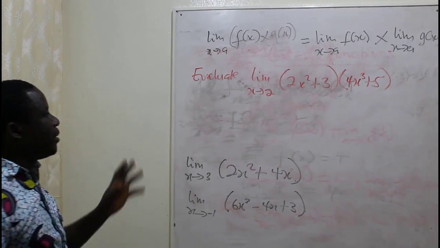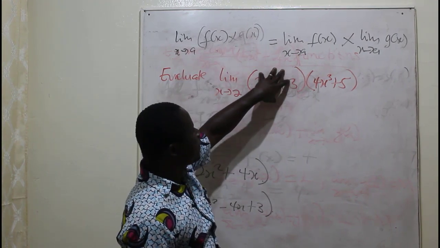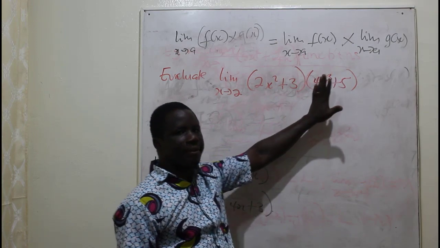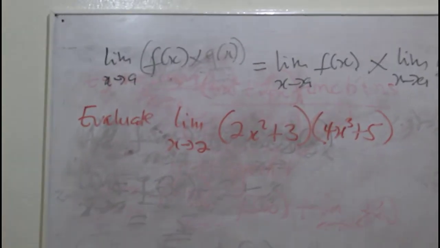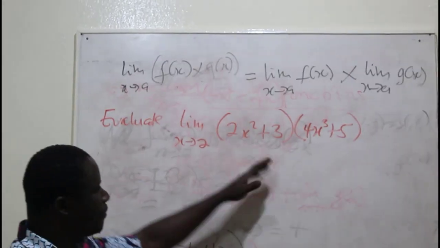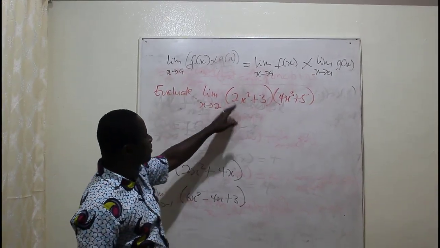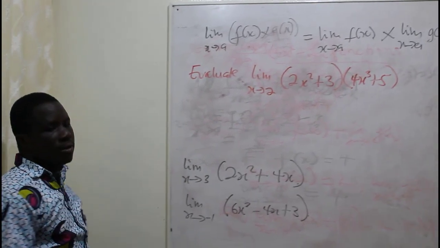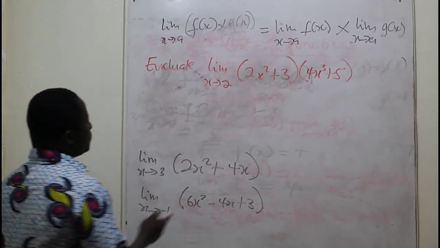So per this theorem, we have to pick the limit of the first function, then we multiply the result by the limit of the second function. Each of them is a polynomial function. You can also expand and find the limit of the result, which will be more tedious. So it's advisable you use the theorem.